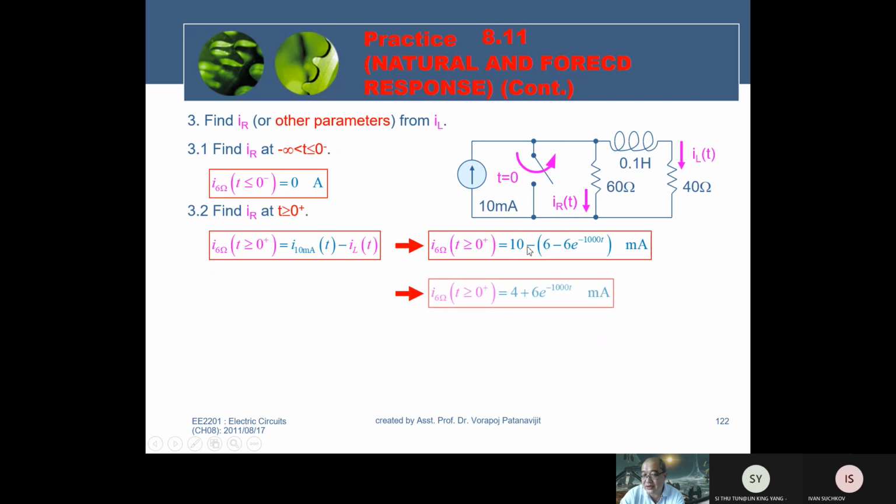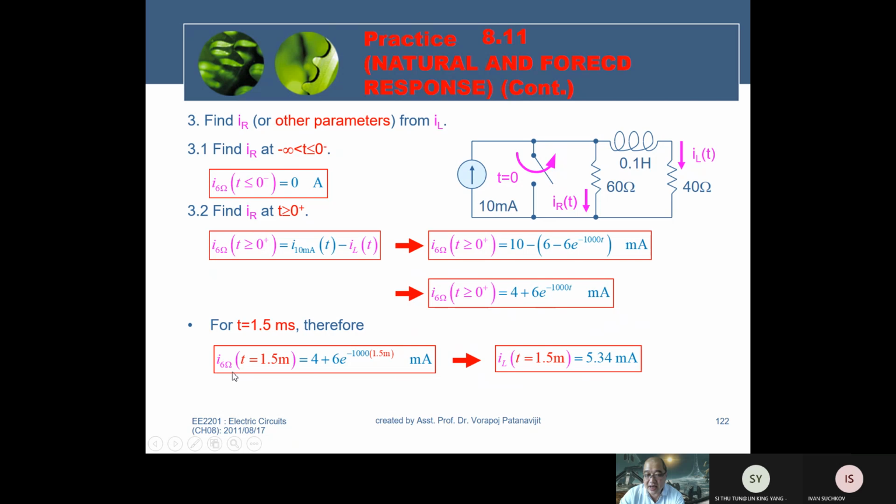And for time greater than 0, it equals here, driven by this and this. I6 ohm at time equal to 1.5 millisecond equals 4 plus 6 in here. Substitute them, and that gives you 5.34.